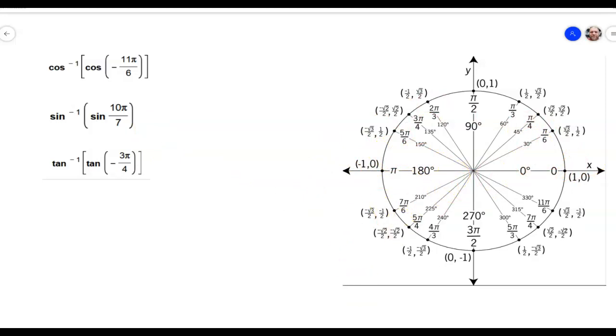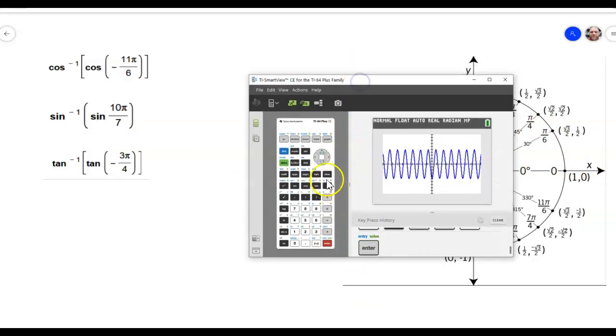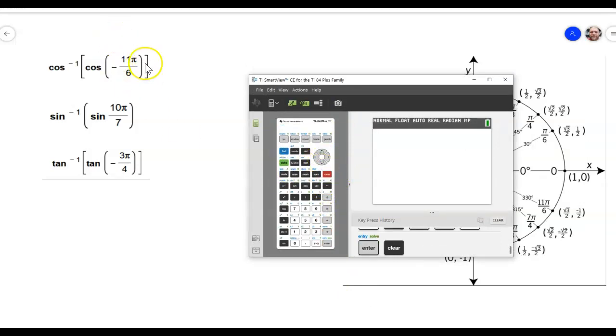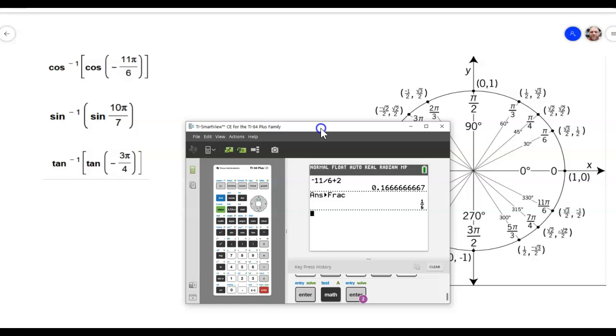So let's go ahead and pull up our calculator and get a good idea where that is. If I add 2 pi to that, because that'll be a coterminal angle, so -11 over 6 plus 2, and see what direction that's heading, and then convert that back to a fraction, that's going to be the same angle as pi over 6.